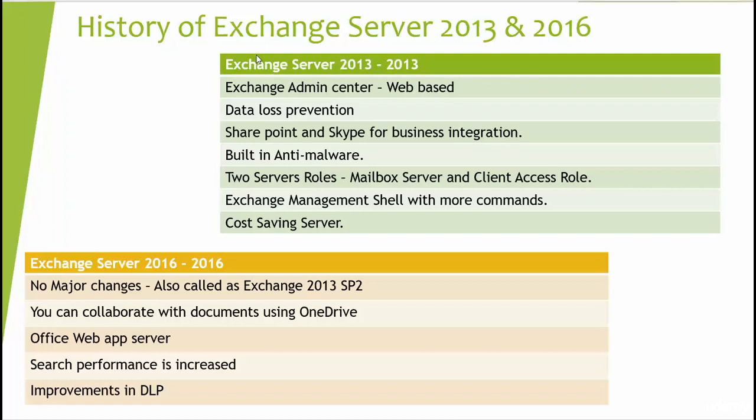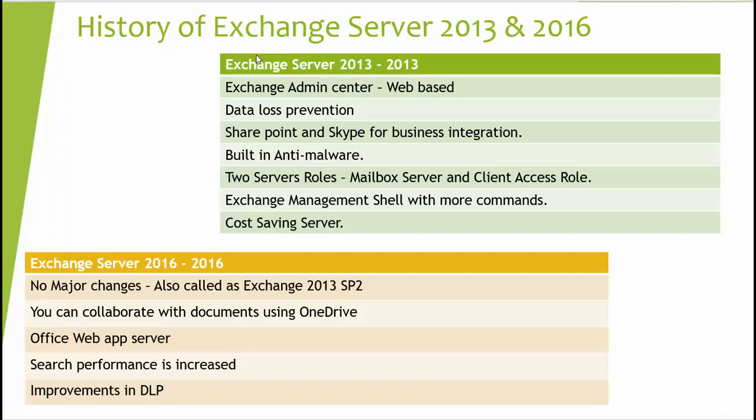If you remember back in Exchange Server 2010, 2007, and other versions of Exchange, you had to use the Microsoft Management Console or Exchange Management Console to load your Exchange server and then do the configuration.